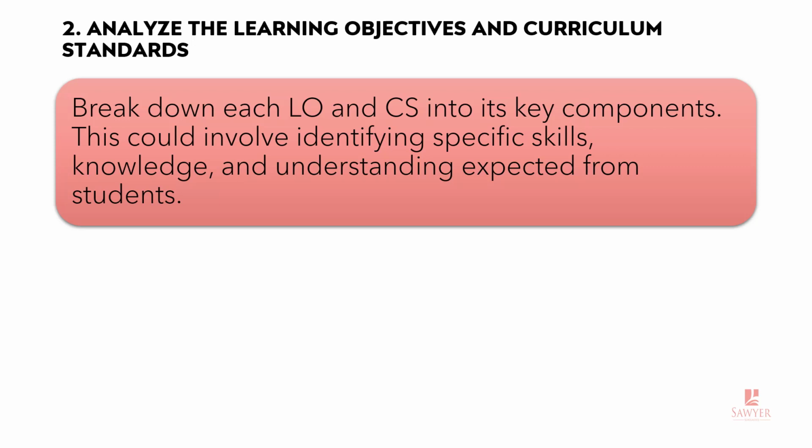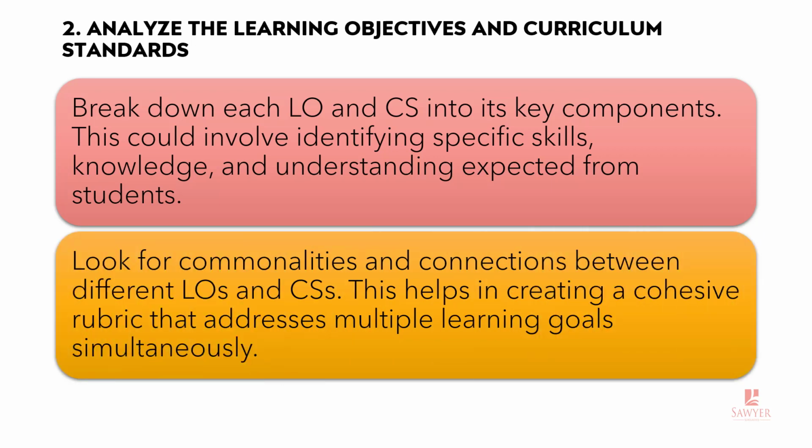Okay. So you analyze them and figure out what exactly they're asking, and then look for commonalities and connections between the different ones. This will help you create a cohesive rubric that addresses multiple learning goals simultaneously. This I did for you as well. That's why you have those 10 instead of the hundreds that each state standard has.